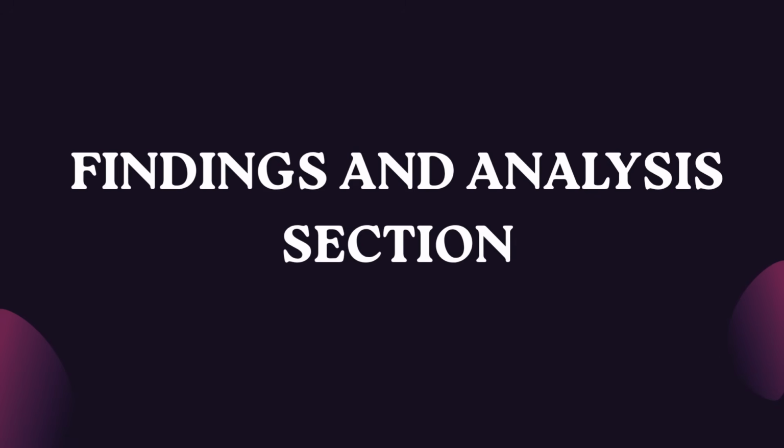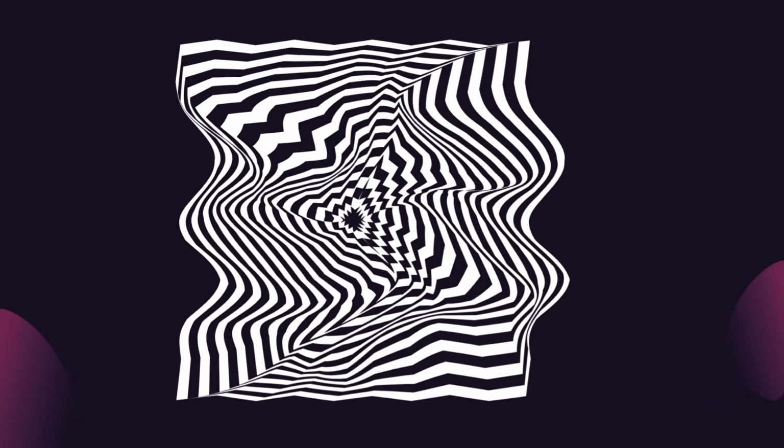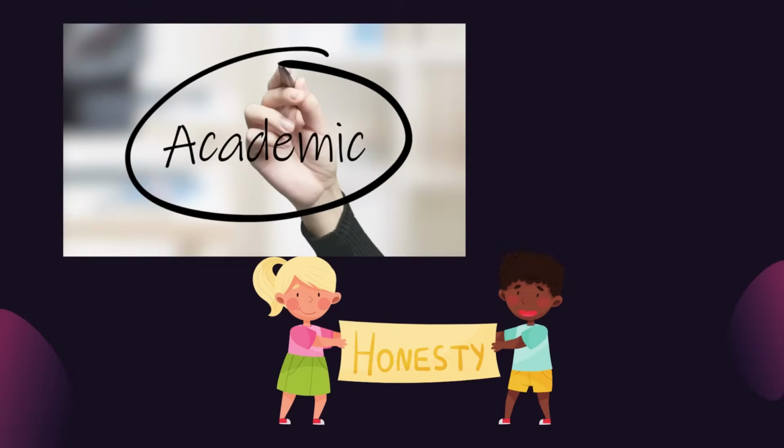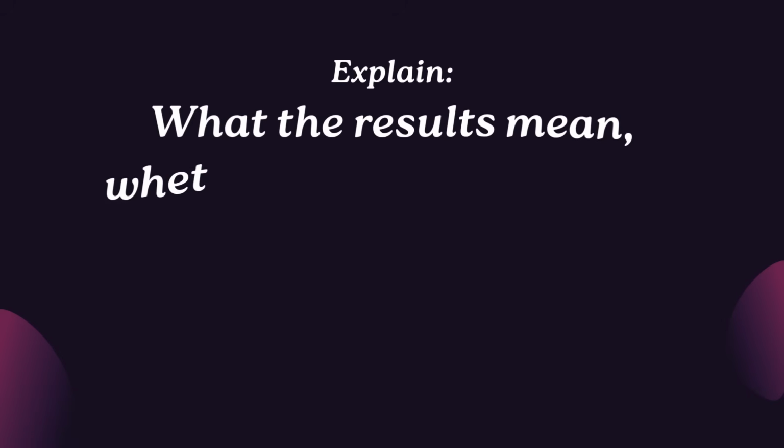Now comes the findings and analysis section. This is where you present your results. Use tables, charts, graphs, and statistical analysis to present data clearly. Do not manipulate data to match expectations. Academic honesty is extremely important. After presenting findings, interpret them carefully.